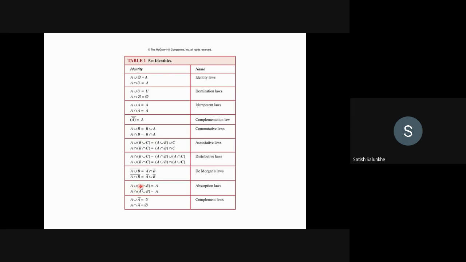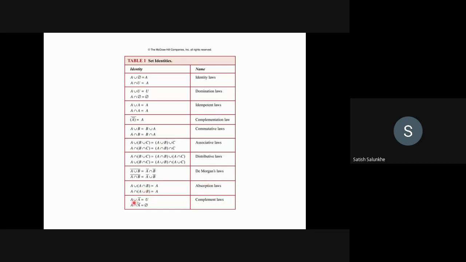First we identify A intersection B, and then we combine with set A. A intersection B is nothing but the common elements of the two sets, so it belongs to A as well as to B. So whatever elements belong to A, when you do union with the same set itself, you will definitely get A. Or if you do A union B and then take the intersection of that with A, you will definitely get A. So this is the absorption law.